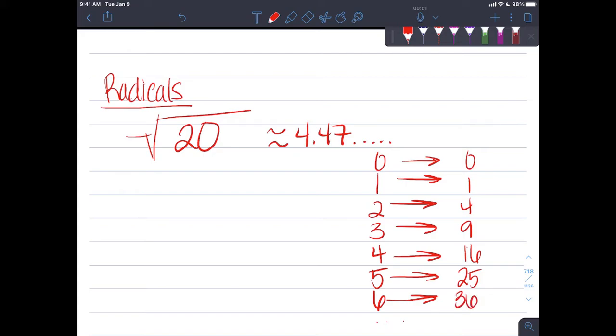So these guys right here are my perfect squares. If I can evenly divide whatever number's inside of the radical by one of these, I can take it out and move it outside of the radical and turn it into a traditional number that acts as a coefficient. So basically it goes to the outside and it multiplies.